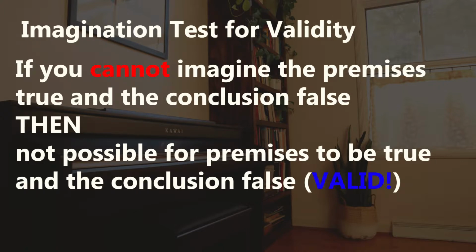And if that's not possible, then the argument is said to be valid. To state this one more time, all you do when you use the imagination test is try to imagine the premises true and the conclusion false. If you can imagine the premises true and the conclusion false at the same time, then it's invalid.